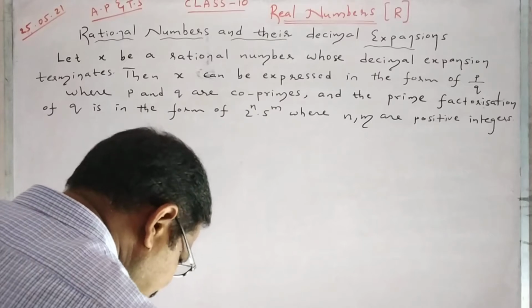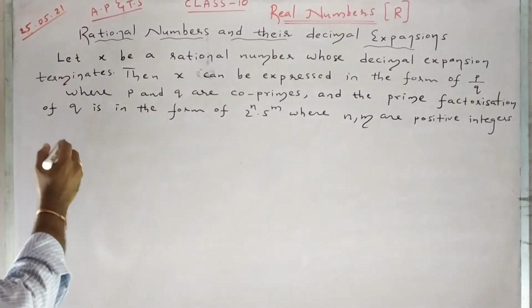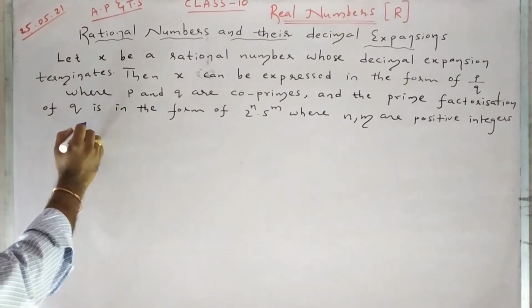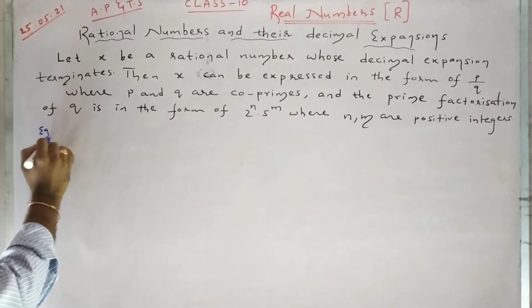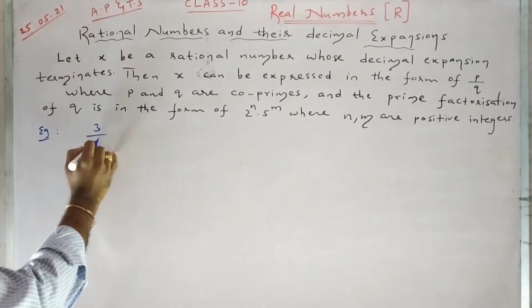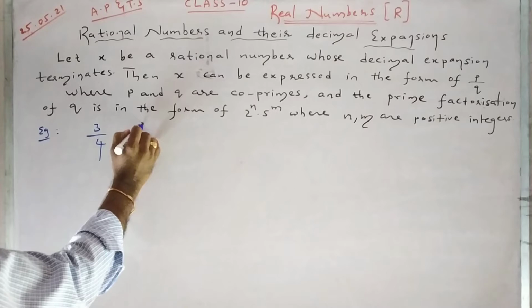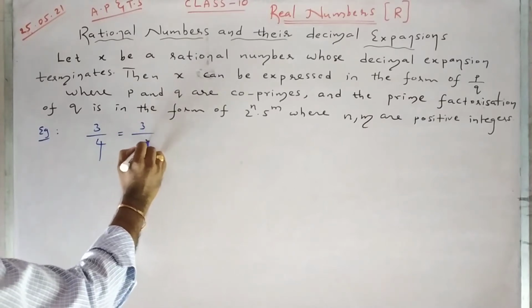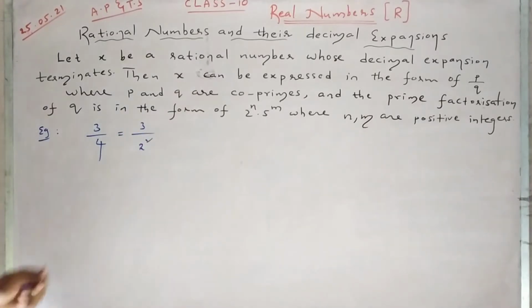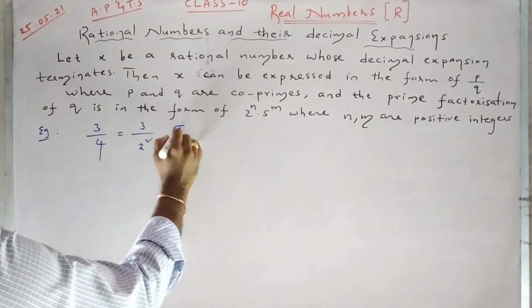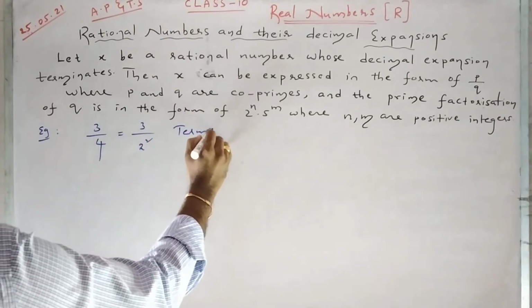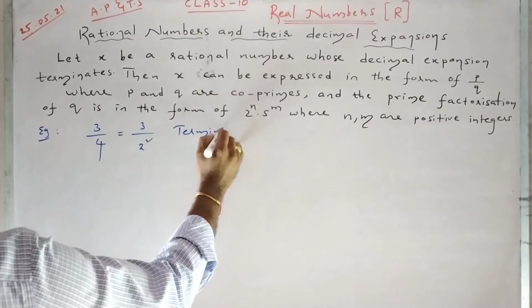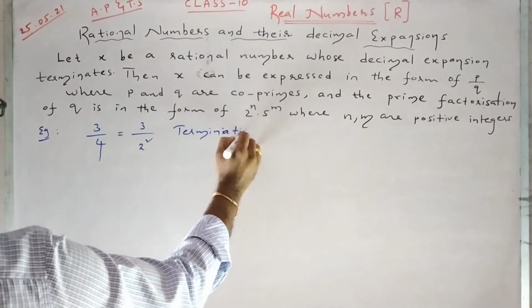For example, take 3 by 4. 3 by 4 means 3 by 2 square. See, it is the powers of 2. That means it is a terminating decimal. Without expanding, we can say that it is a terminating decimal.